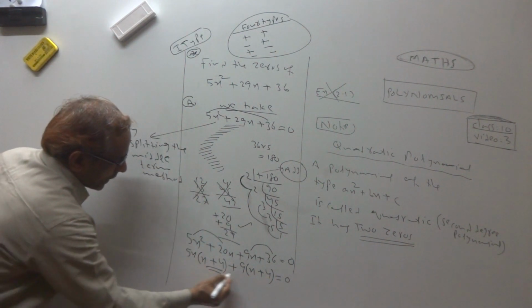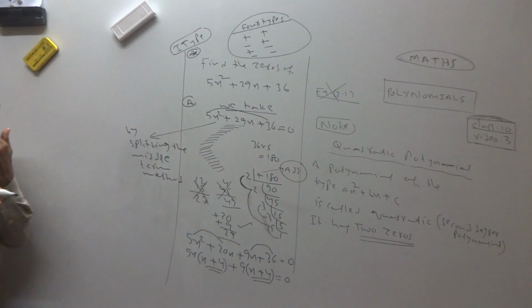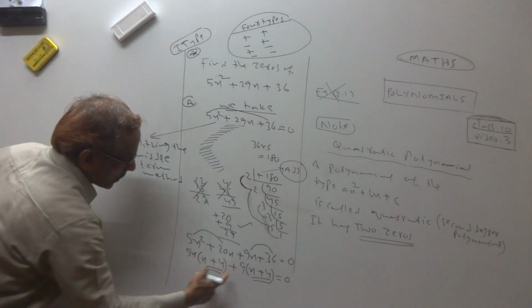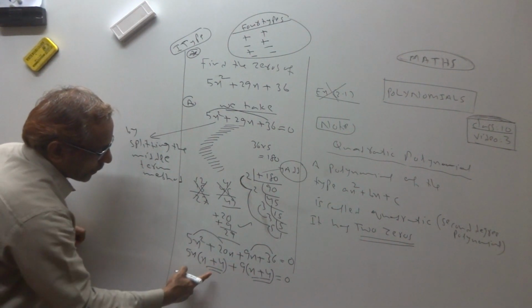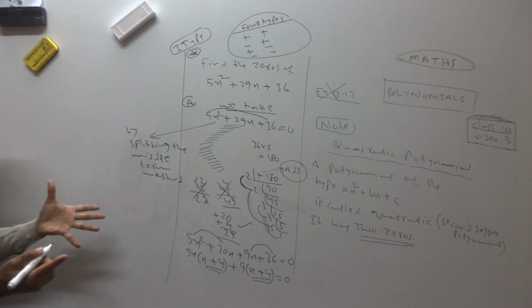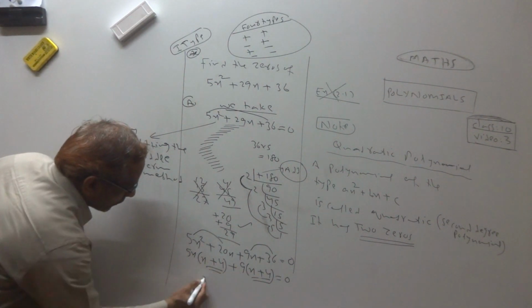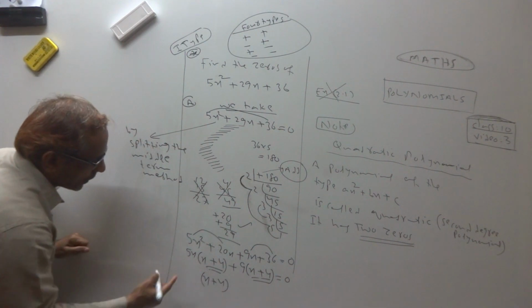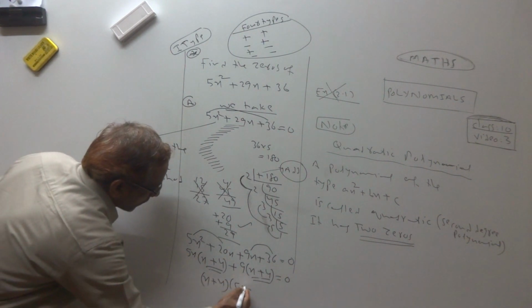Yes. This and this are the same. It is compulsory that you should get these two the same. If you are not getting these two the same, it means you are making some mistake. We can check that. These two we write as one factor. What is the second factor? 5x plus 9. Yes.